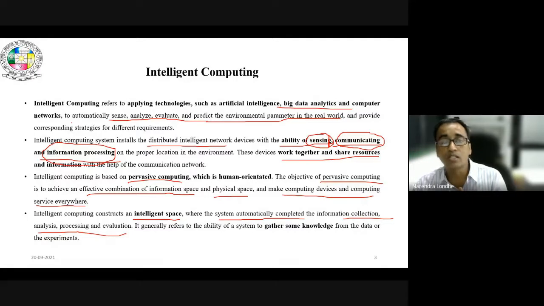That all comes under the intelligent space. At the scientist or researcher level, we call it an AI system, which has the agent and the environment, right? This generally refers to the ability of the system to gather knowledge from the data or the experiments. So that is the meaning of the intelligent space.